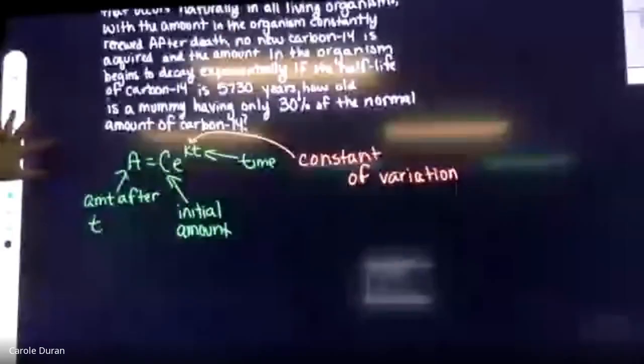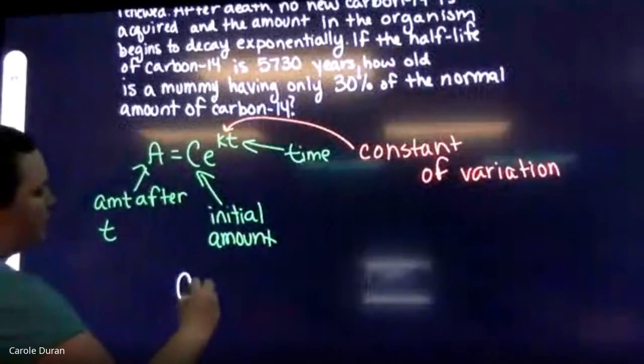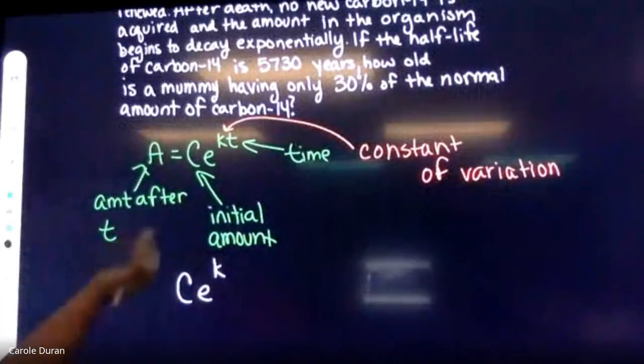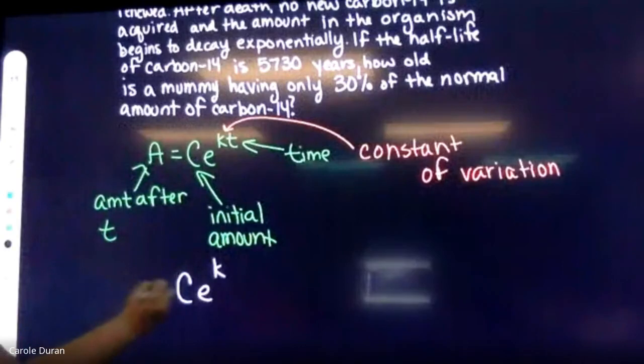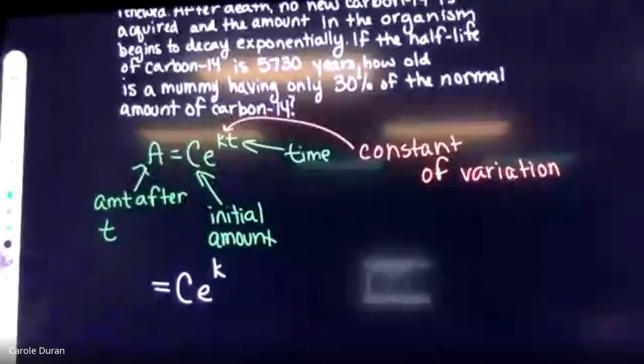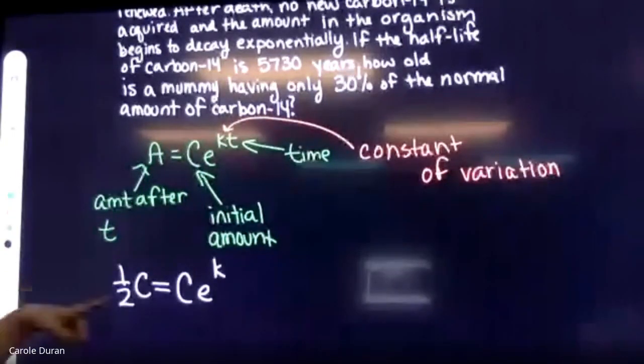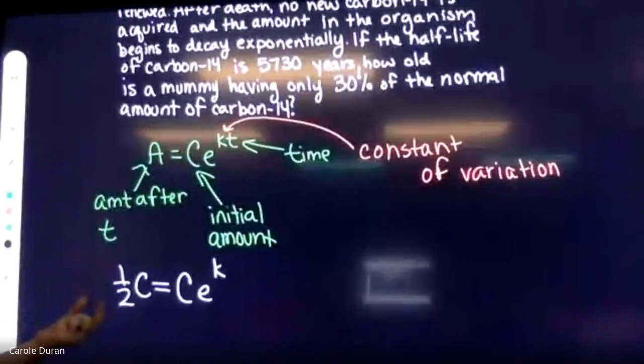So let's say that initially I start with C amount of carbon-14 in somebody's body, right? What's half of C? Just 1/2 times C. That's the A amount I'm going to be plugging in, because this is going to be equal to half of whatever I started with.